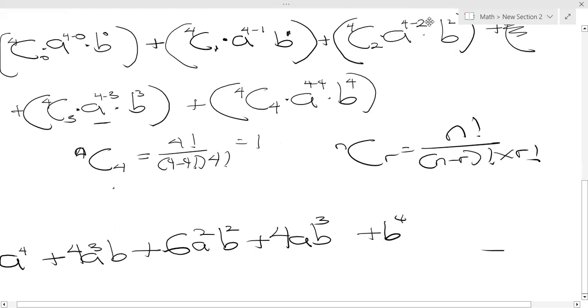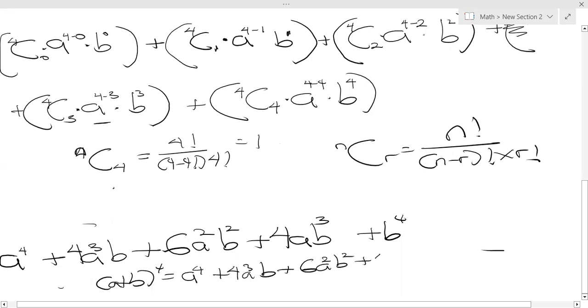So if we expand (a + b) raised to the power 4, we have a to the power 4 plus 4a cubed b plus 6a squared b squared plus 4ab cubed plus b to the power 4. So we have 1, 2, 3, 4, 5 terms.